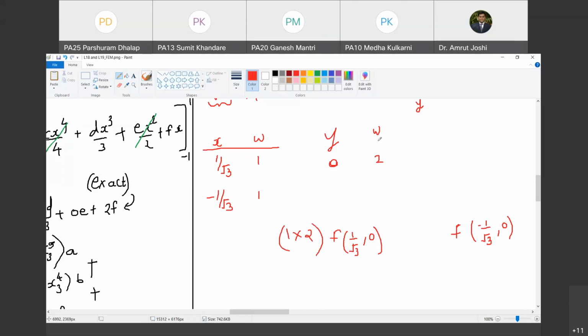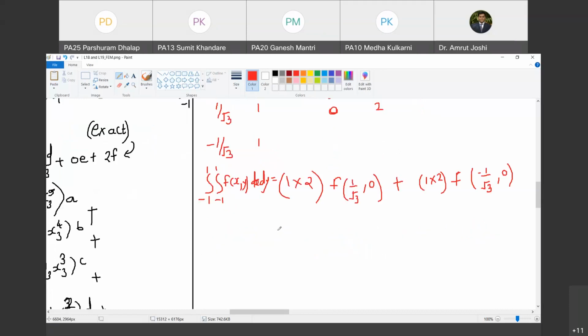When I choose y equal to 0, what is the weight? 2. So with this term, I am going to assign the weight 1 cross 2. And I claim the summation of this is going to be the integration from minus 1 to 1 of f of x, y dx dy. Exactly. Are you with me?